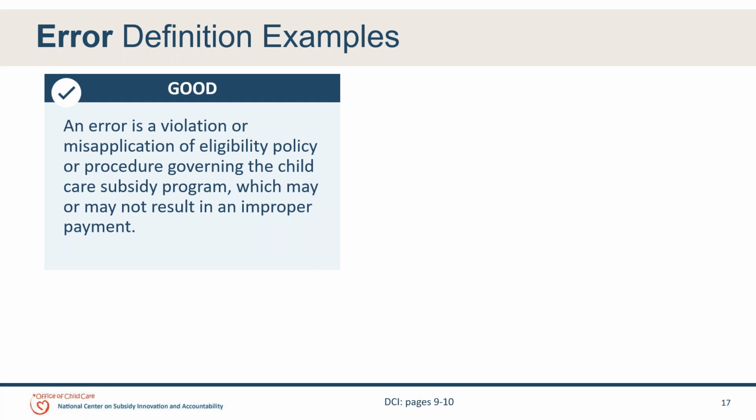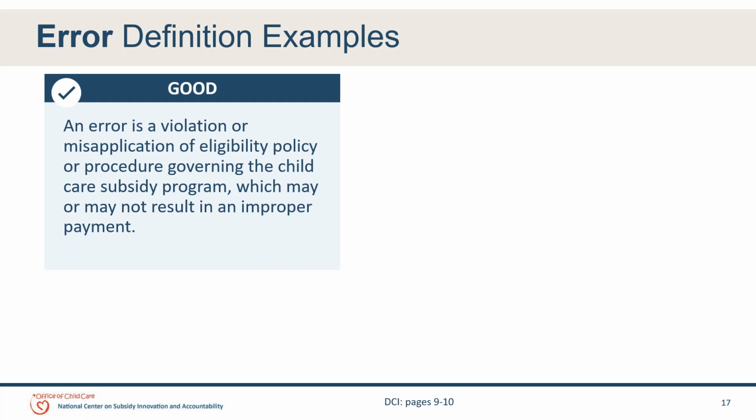I'll show a few examples of error definitions. On this slide, I have a couple examples of the general error definition, so that first definition. I'll read you the text on the top left. This is a good general error definition.